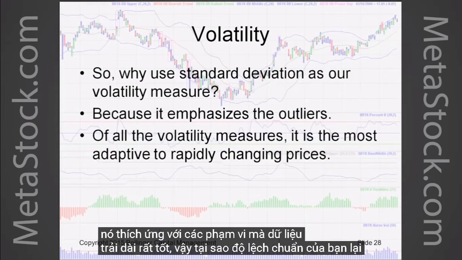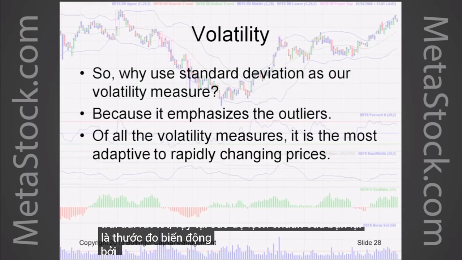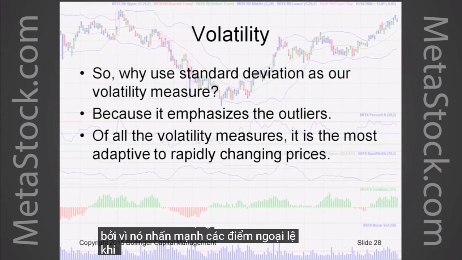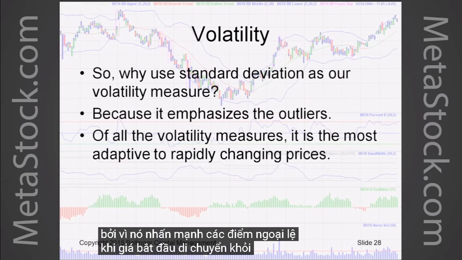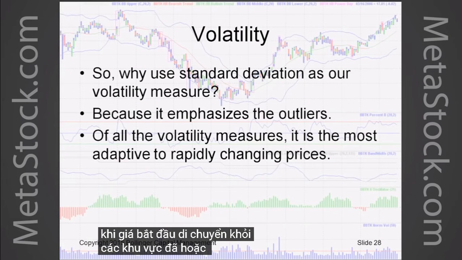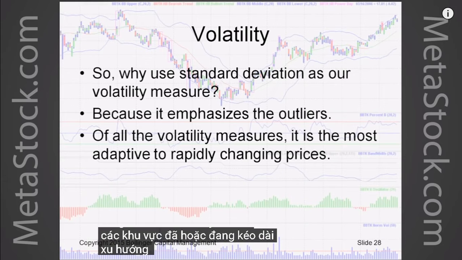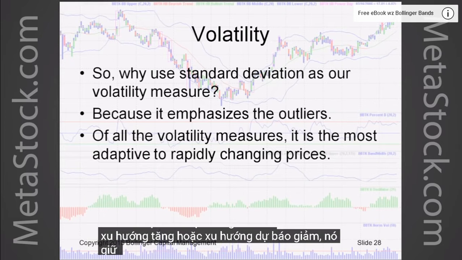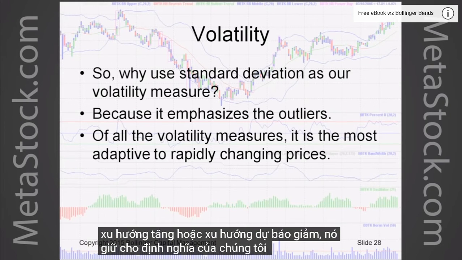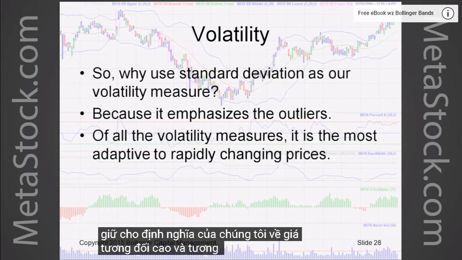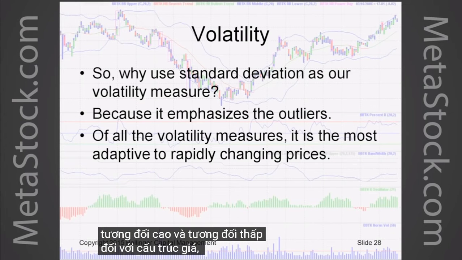So why use standard deviation as a volatility measure? Again, because it emphasizes the outliers. When price starts to move away from the areas that it's been in, or is in protracted uptrends or downtrends, it keeps our definition of prices being relatively high and relatively low germane to the price structure.